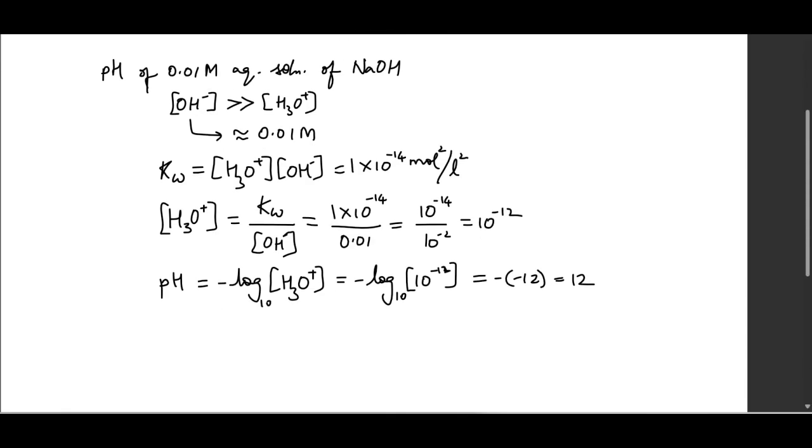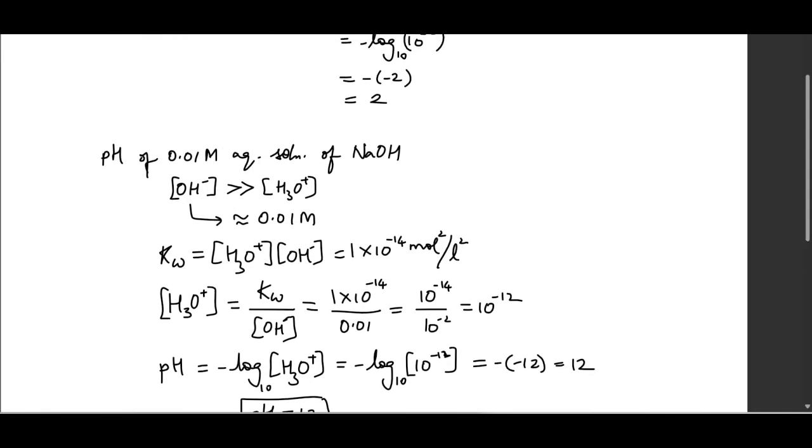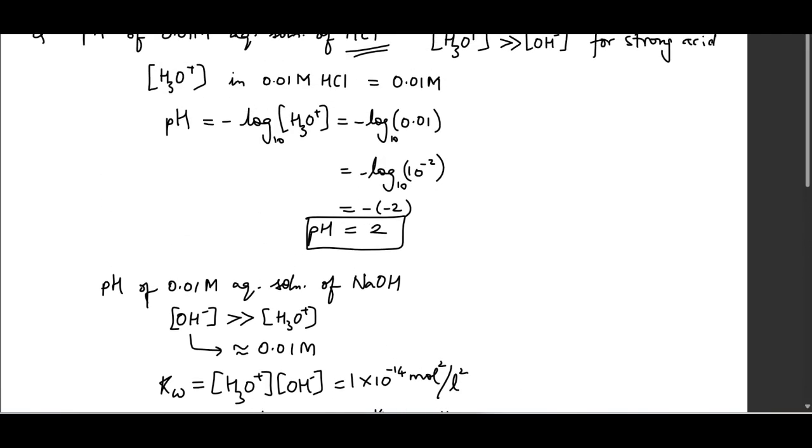So as you can see, for a strong base, the value is coming closer to 14, and for a strong acid, the value is coming closer to 0. Okay, this clarifies the concept, I hope. So in the next session video, we will discuss the concept of buffer solutions.